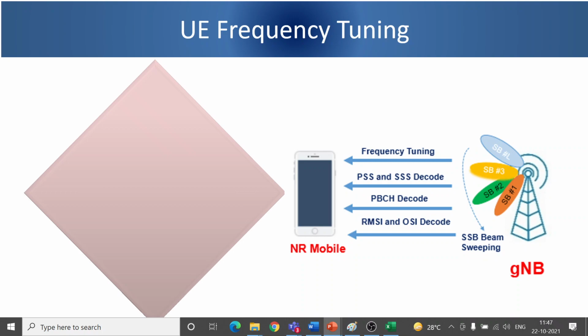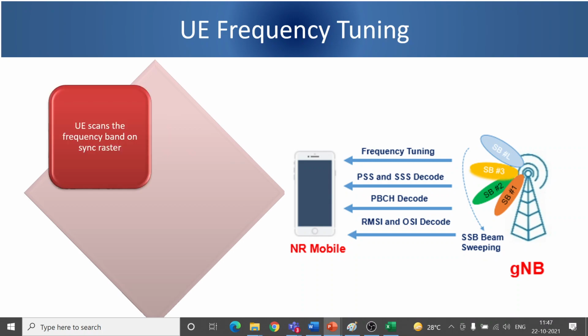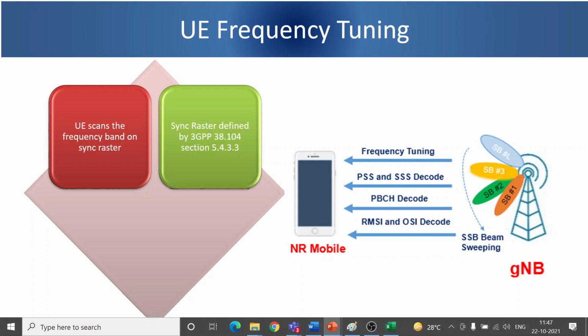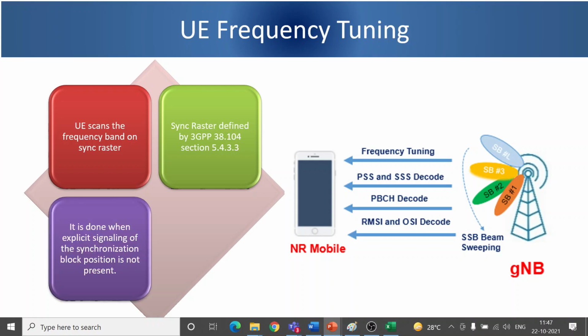Okay, so frequency tuning: we understood that the UE scans the frequency band on the sync raster, and I showed the table where it is defined. Not every time is this done, because if you are tuning for the second time, you already have those frequencies in memory. So the second time, third time, you directly search on the frequencies which the device had used earlier, so tuning becomes faster.